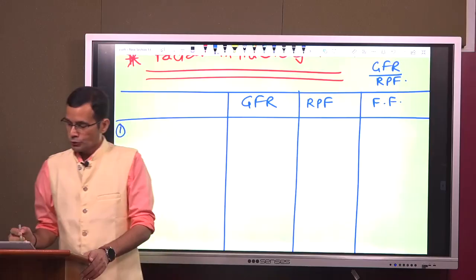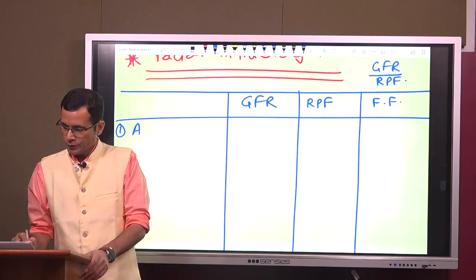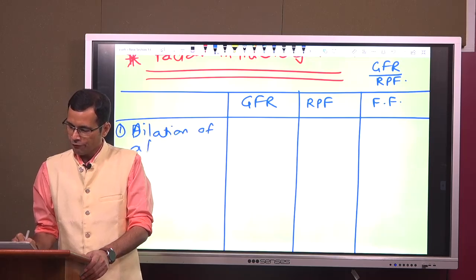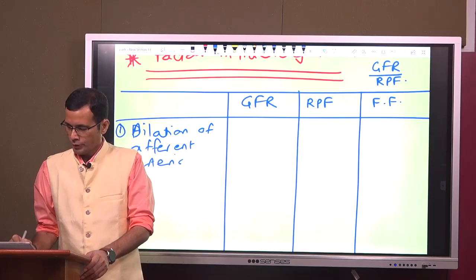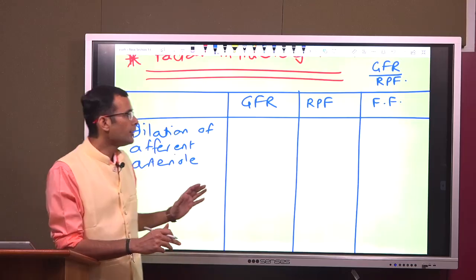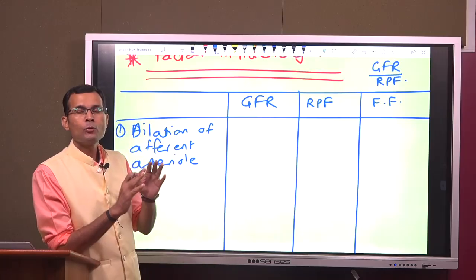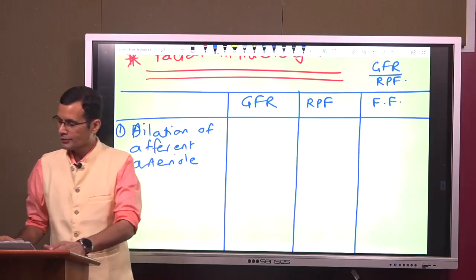So, first factor, dilation of the afferent arteriole. If the afferent arteriole dilates, that means more blood will come into the glomerulus.